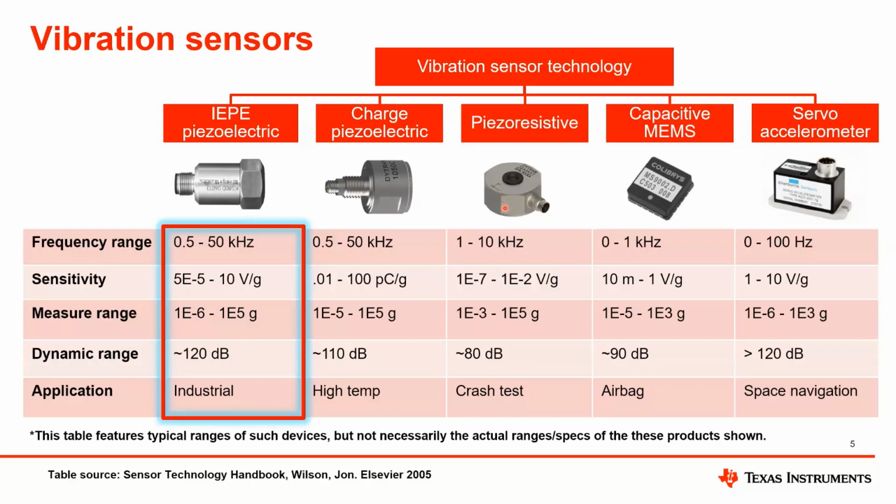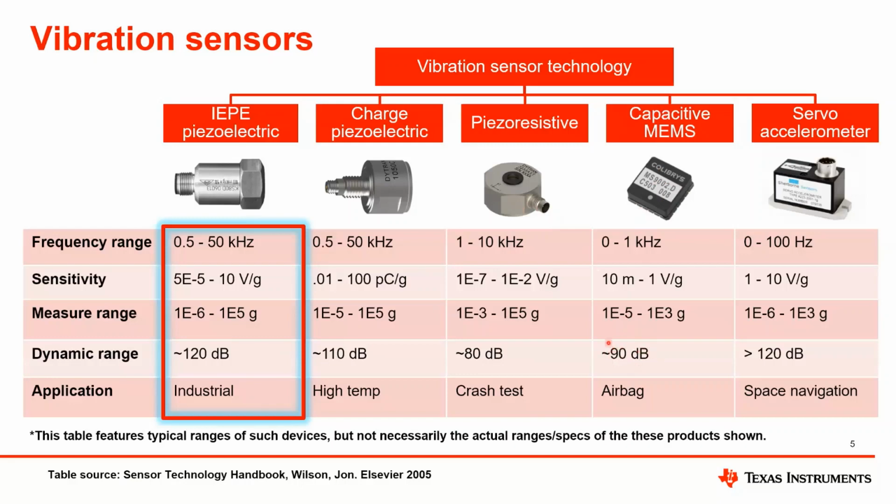On the factory floor, or the process plant, we typically see two types of sensor. The capacitive MEMS sensors offer lower to medium performance and bandwidth, but in a very small footprint. They are also used in automotive, like in airbags. As you can see, the dynamic range is only about 90 dB.